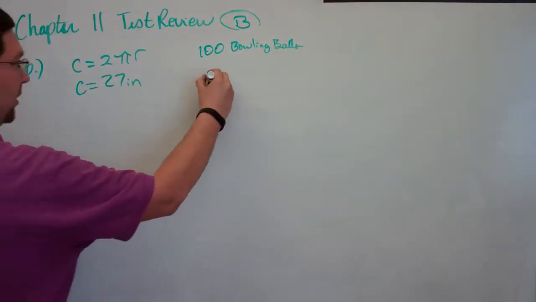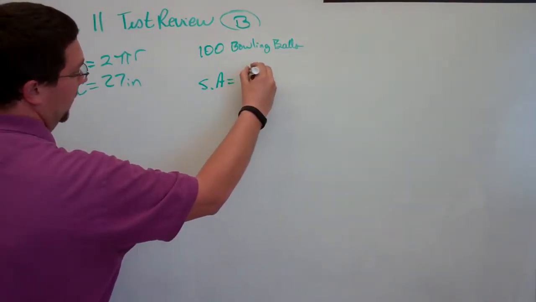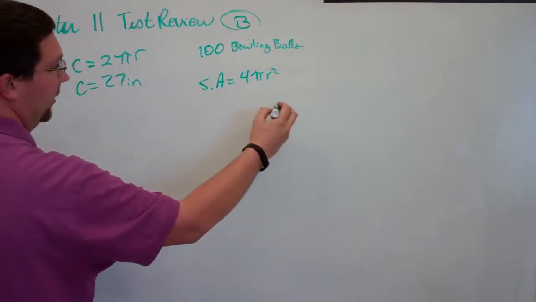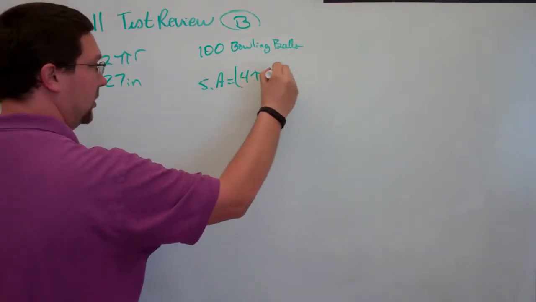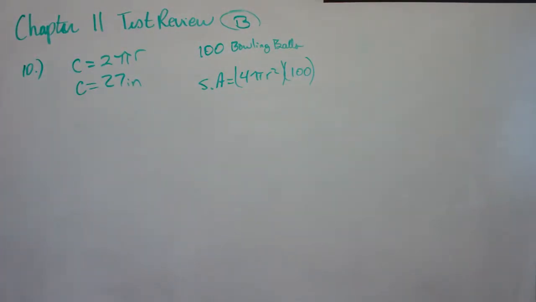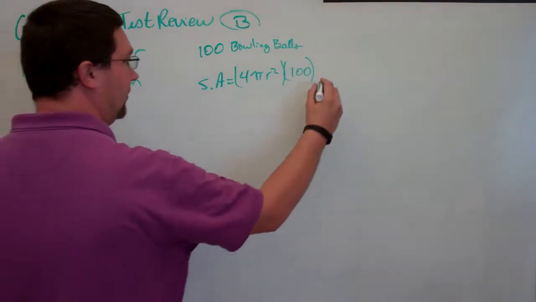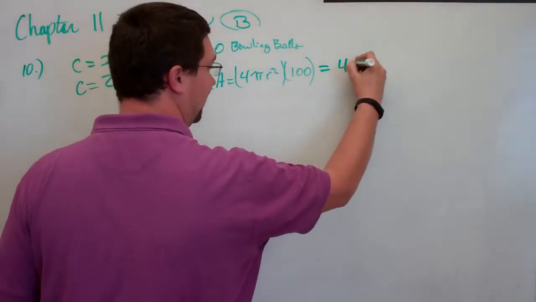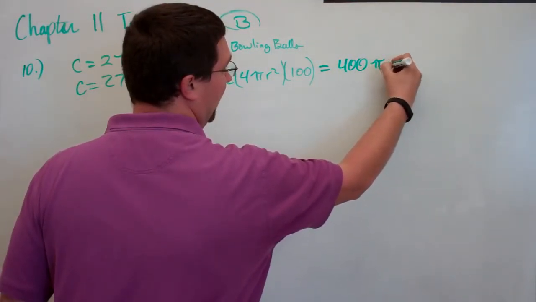Well, we know surface area is 4 pi r squared, and since we want 100 bowling balls, we're going to take that number and multiply it by 100. So that formula, 4 pi r squared times 100, will give us the surface area of 100 bowling balls. Now, you can simplify this to 400 pi r squared.